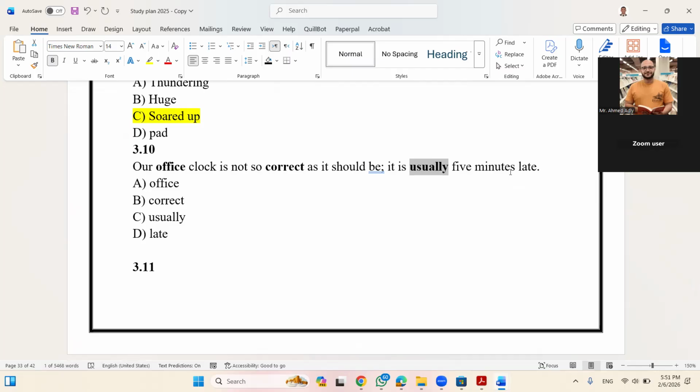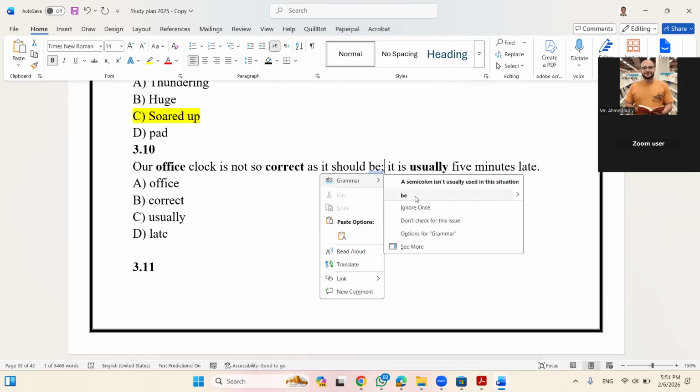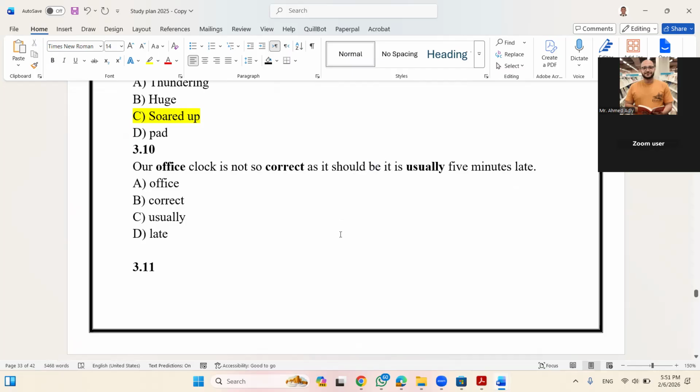It is always 5 minutes late. Always doesn't make sense here. Usually makes sense too. Our office clock is not so correct as it should be. It is usually 5 minutes late. Usually and always are both good.